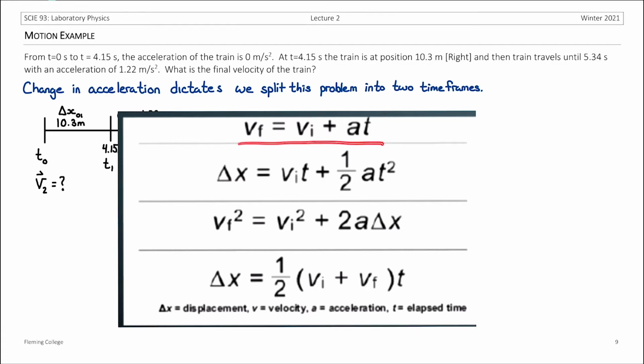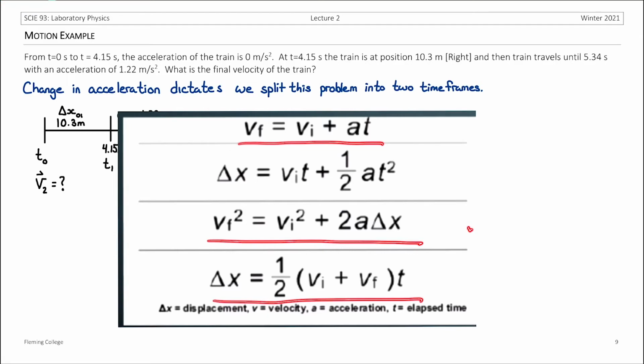If I look at the 3 spots that velocity final is mentioned, in the first instance, our velocity initial is unknown, but we know our acceleration and we can calculate our time. In the second instance, again, velocity initial is unknown, but we know the acceleration, and perhaps we could calculate the change in position. But to do that, we would need velocity initial as well.